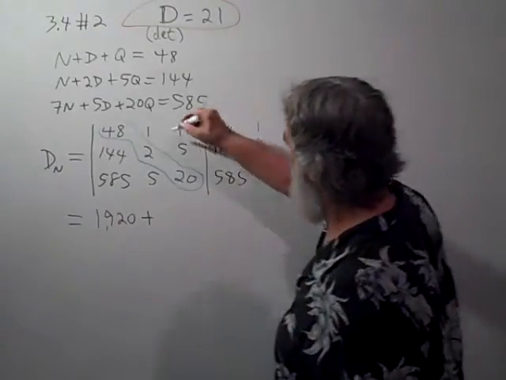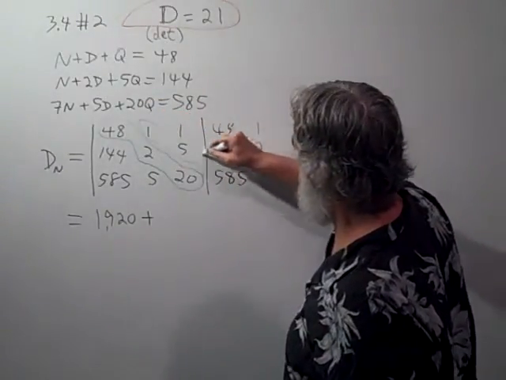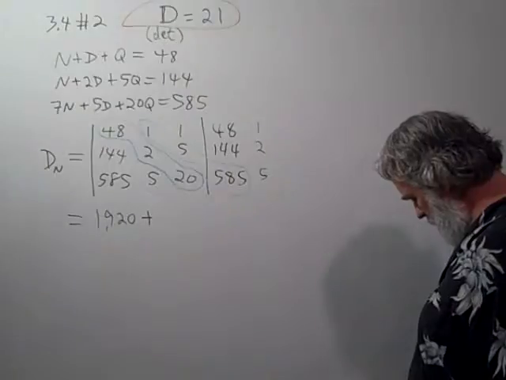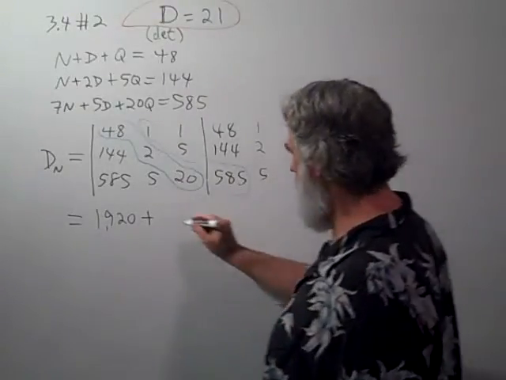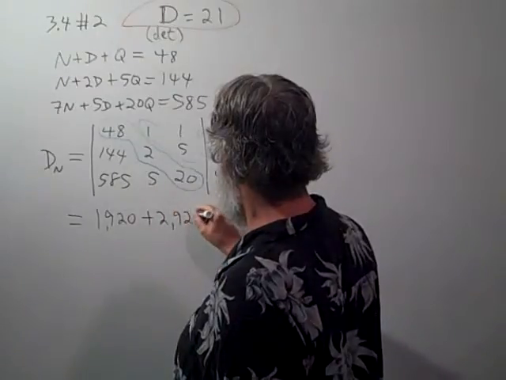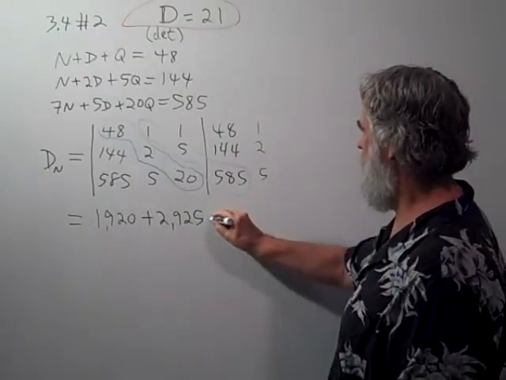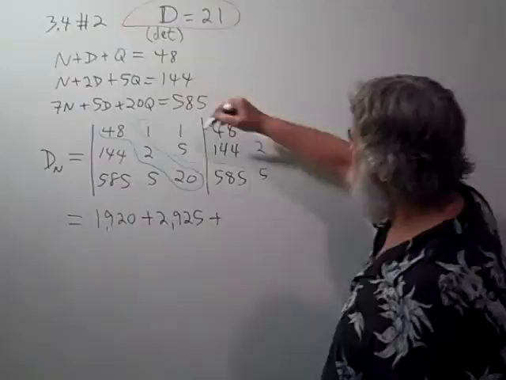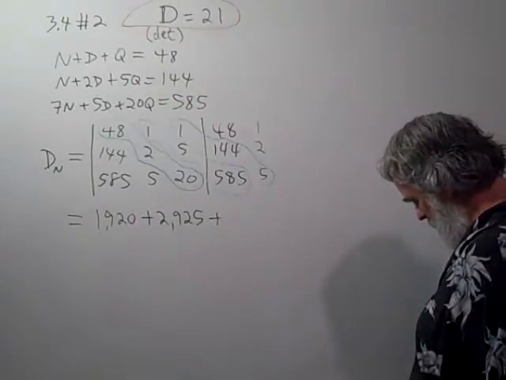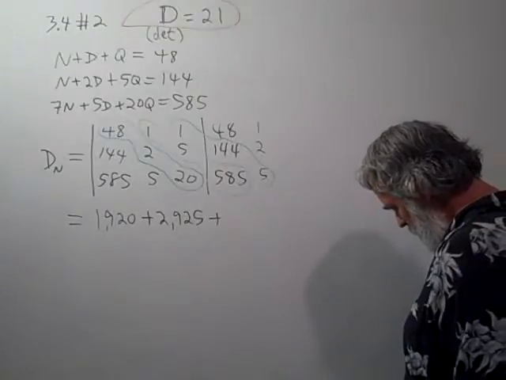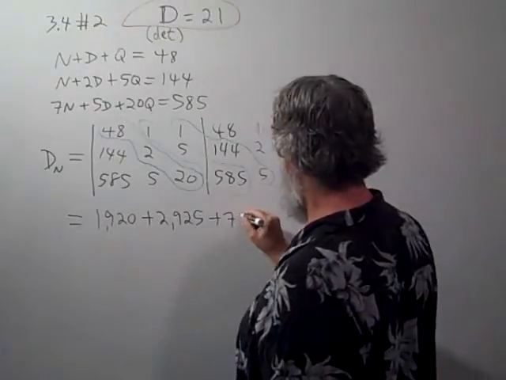The next diagonal over, we have 1 times 5 times 585, which is 2,925. Finally, the third one over, we have 1 times 144 times 5, which is 720.